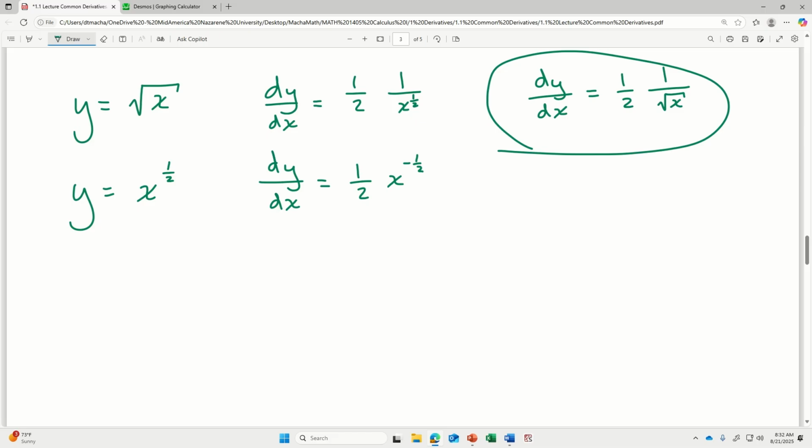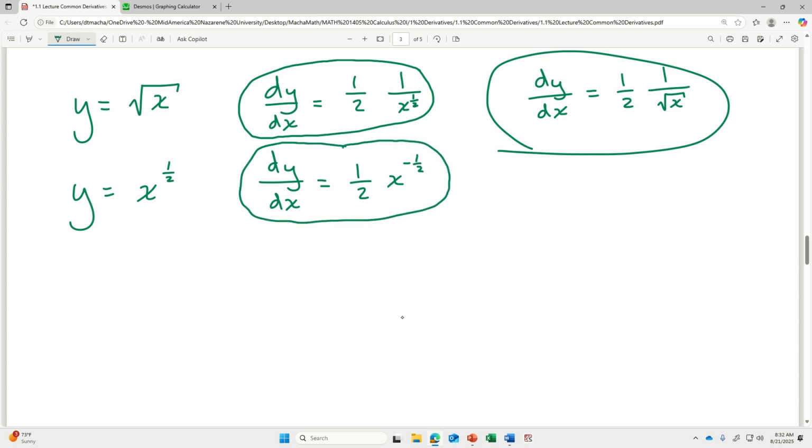And so sometimes, because we're familiar with how square roots work, we like to write it like that. But I do want to point out that all 3 of these answers are correct. Okay? I'm not going to take off any points at all if your answer on a test is any one of these 3.